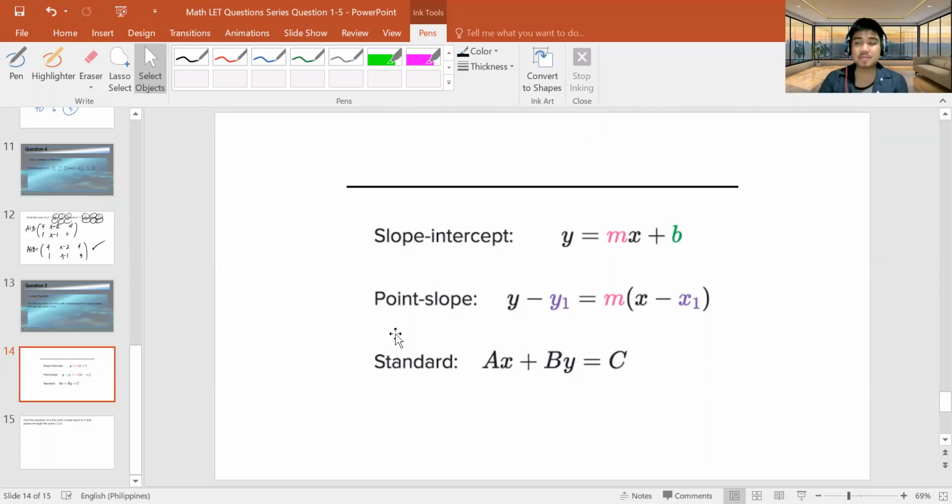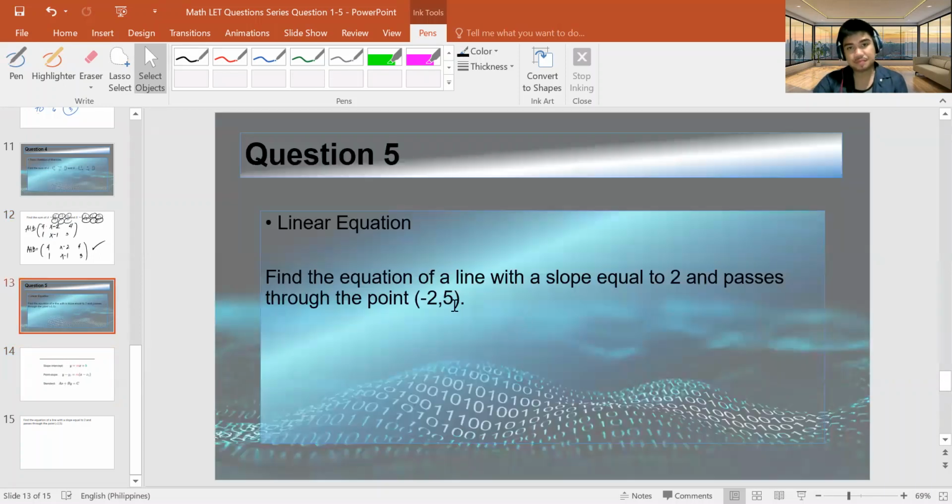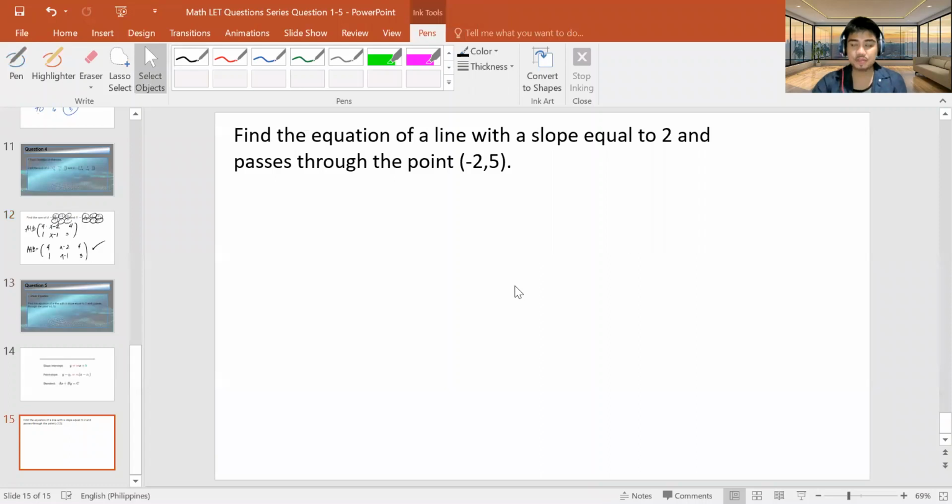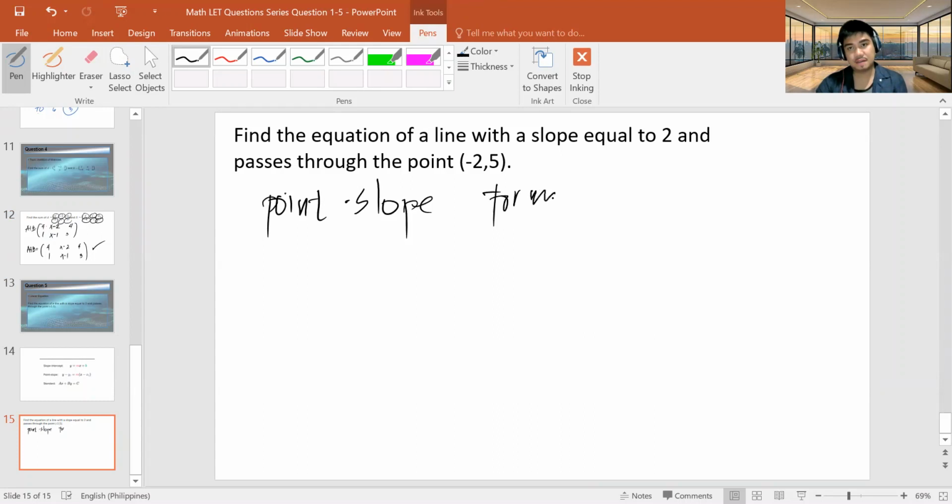So kung mapapansin natin din sa problem natin, yung given is a slope and a point. So basically, we are going to use the point-slope formula.